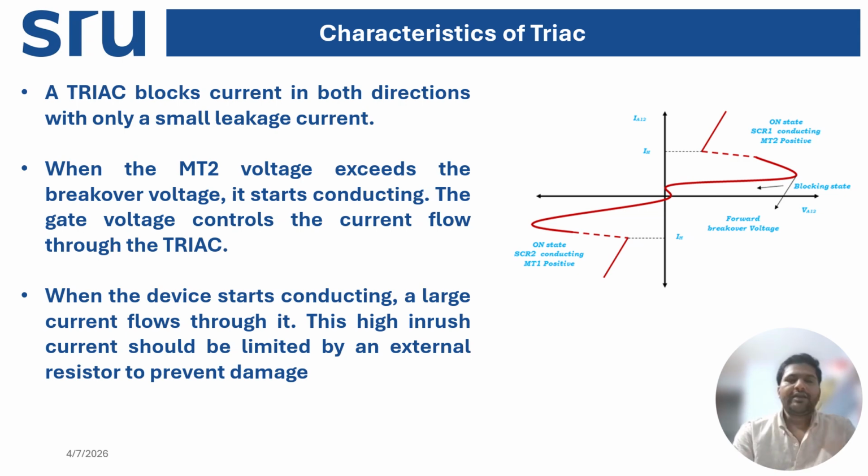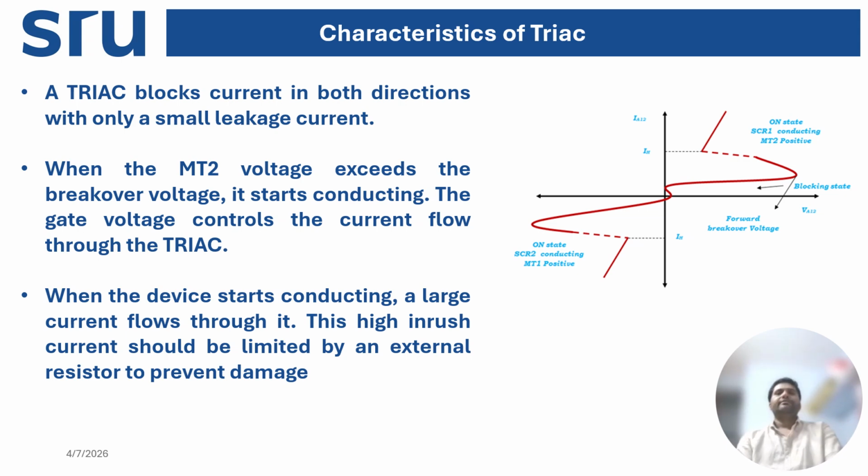For blocking state, initially when the TRIAC is not triggered, it blocks current in both directions. Only a very small leakage current flows. This means the TRIAC acts like an open switch in both positive and negative cycle.